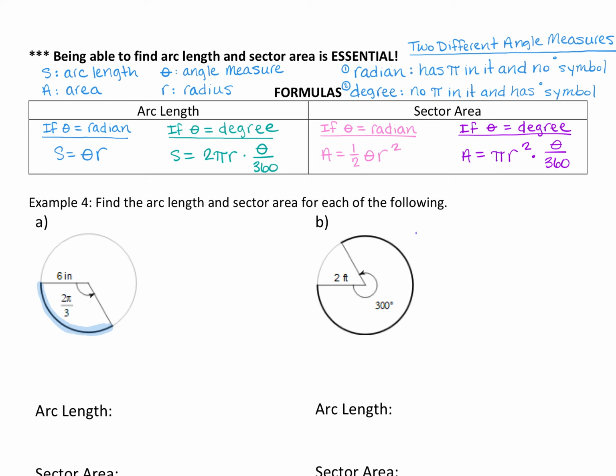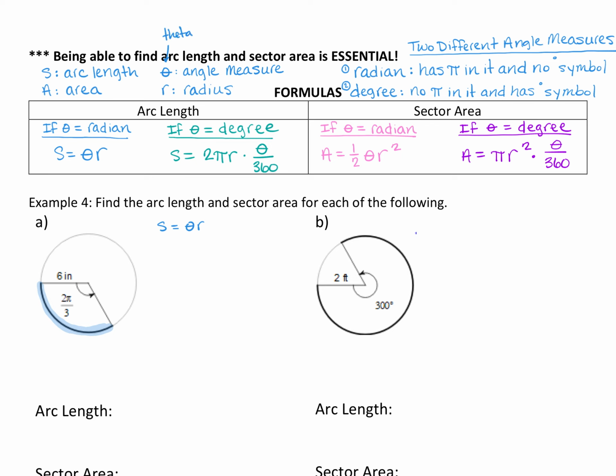So the radian formula for arc length is s equals theta times r. Remember, theta is a Greek letter that mathematicians use to represent the angle measure. Oh, not Greta, theta. Theta.